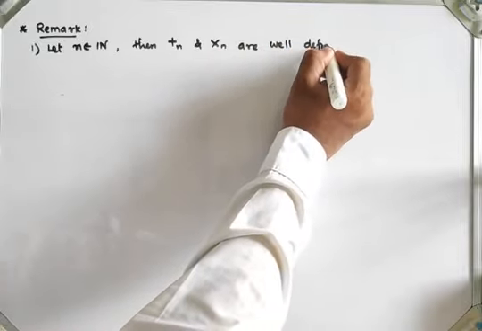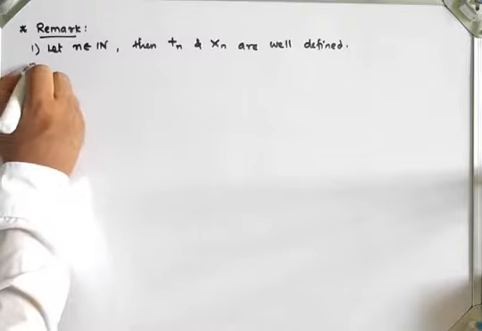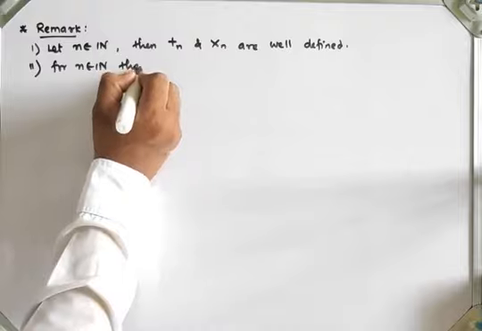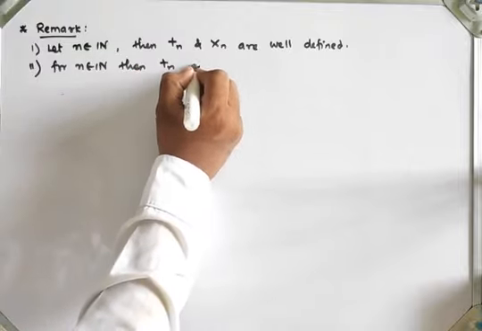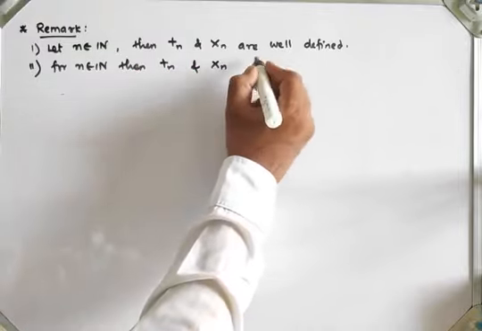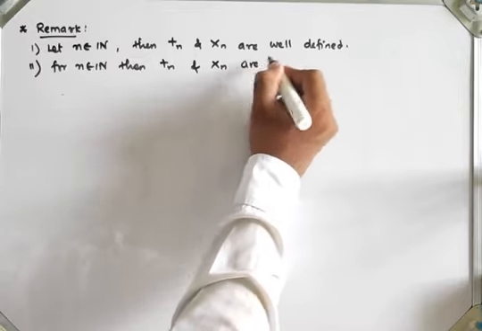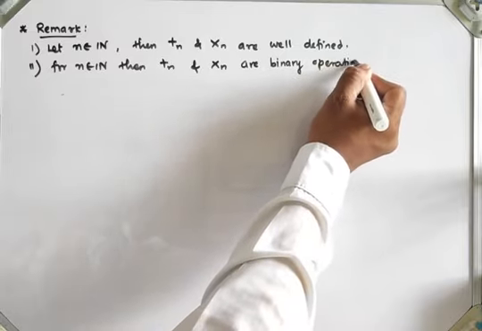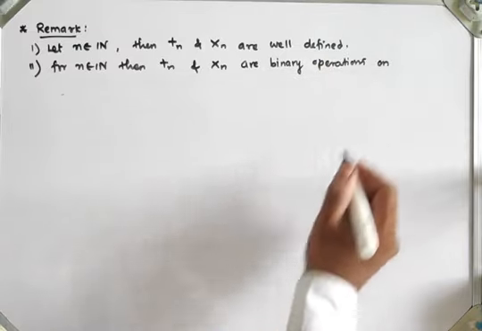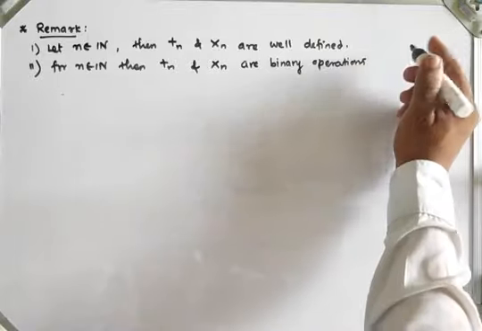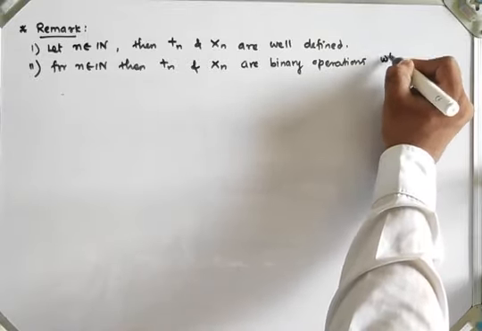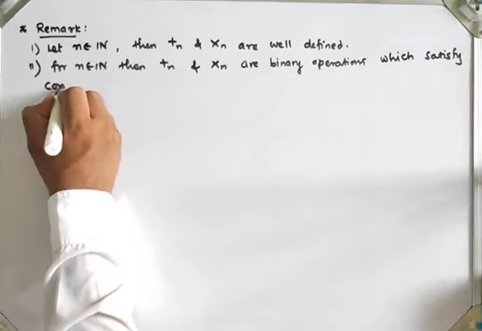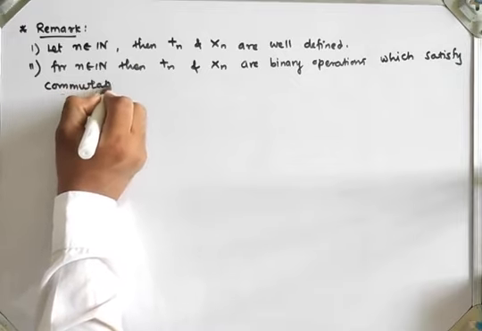Second, for n belonging to the set of natural numbers, addition modulo n and multiplication modulo n are binary operations, and they are binary operations which satisfy the commutative property.